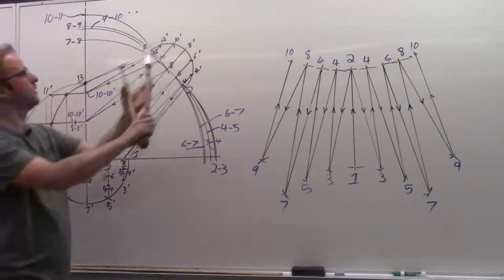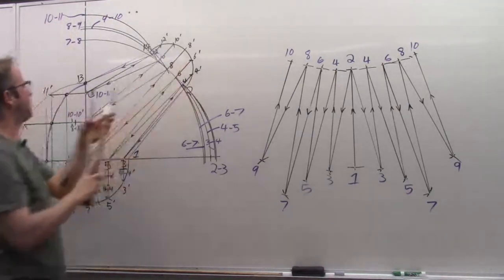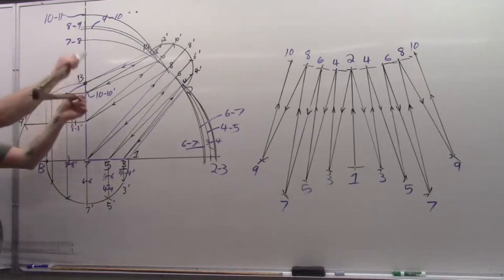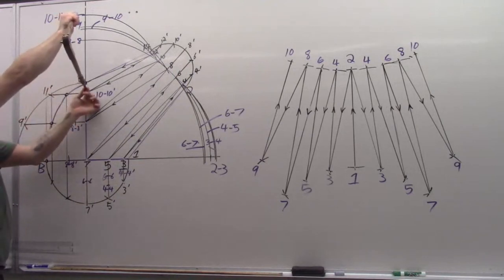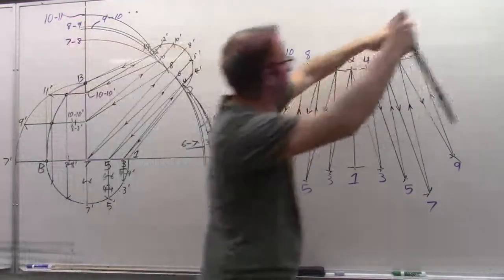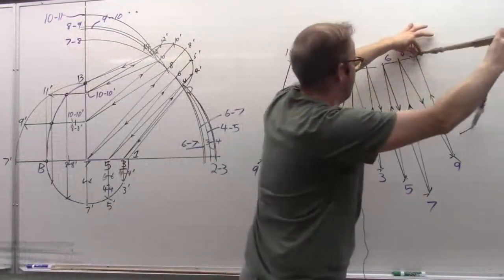So I took 10 to 10 prime. I brought it over here from 11 over. It's gone into my side elevation, but it's that point there that I'm going to triangulate. I'm going to bring that down to here.